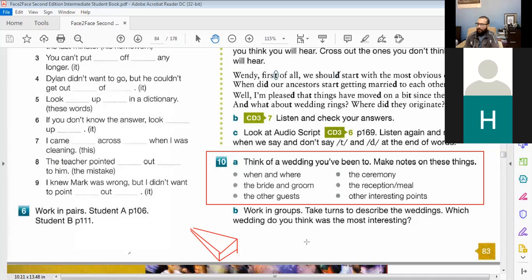This February I had 3 weddings. One of them, the bride was my friend. And the other 2, the groom was my cousin. So yeah, nice. We had fun. But in Corona.